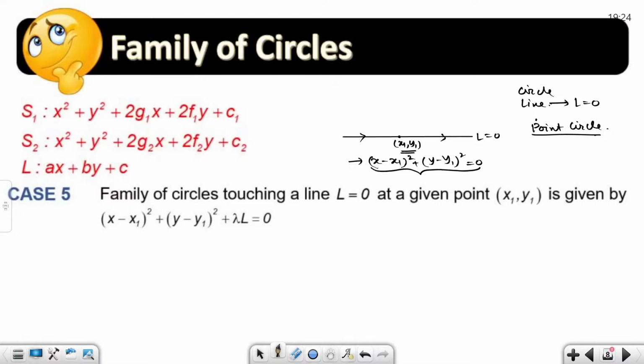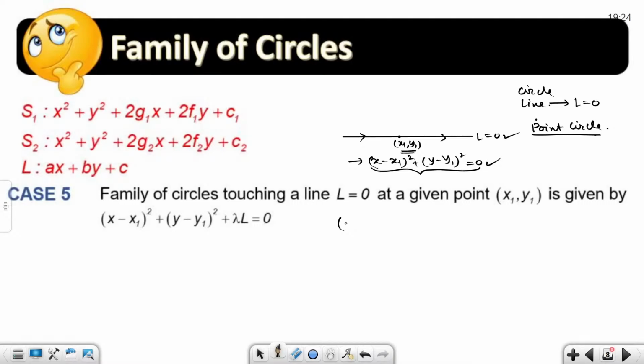In the question, they have asked us to find the family of circles which are passing through x1, y1 and touching this line. This means we are finding all the circles passing through the point of intersection of this circle and this line. So what will be its equation?